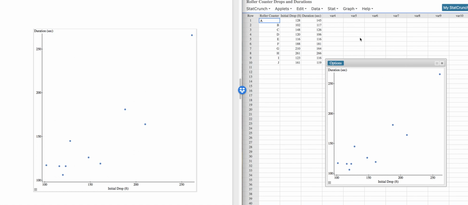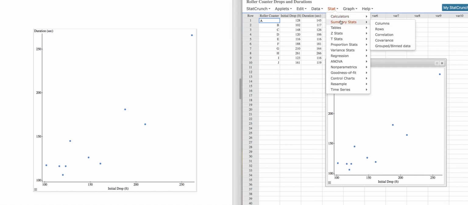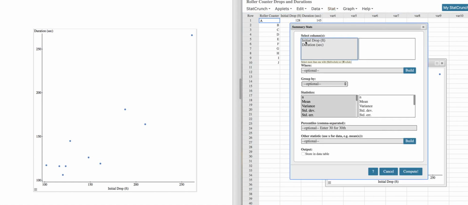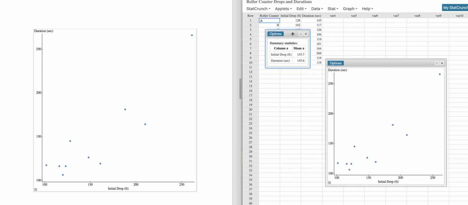So let's go over to this data that I have here in StatCrunch, and let's find out what the mean is for each one of these data sets. I'm going to do summary stats by column. I want to use both of the columns, and the only thing I want is the mean. So there are my means.